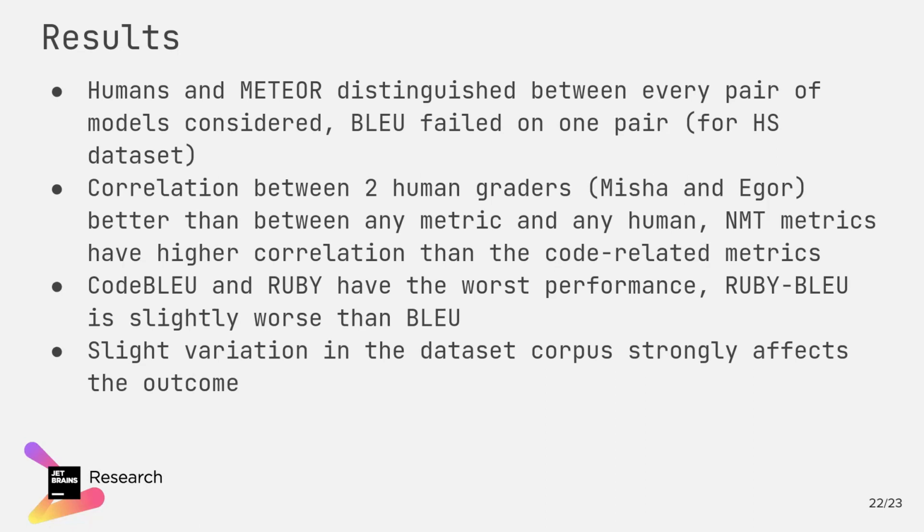Okay, and the last outcome, which is interesting, is that the slight variation in the dataset corpus strongly affects the outcome. So there are 2 points that I want to mention. First, in the CoNaLa, for some tasks, there was more than one reference available. And we have considered changing references, to check how it changes the p-value of the statistical significance of difference in scores between two metrics.